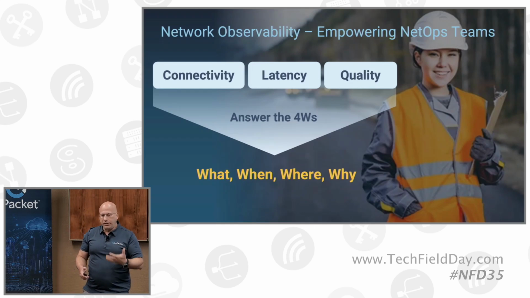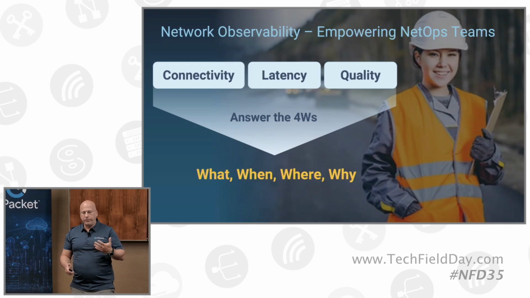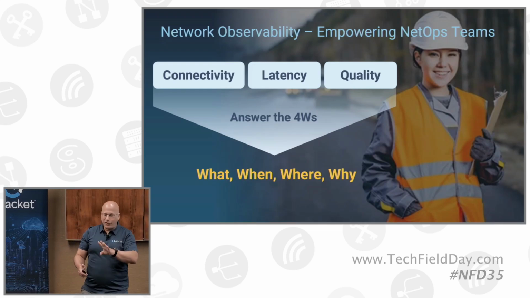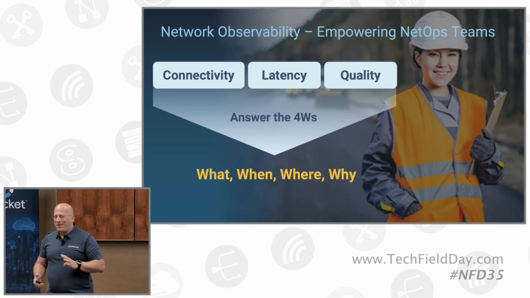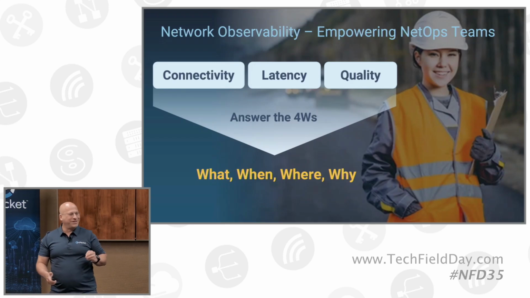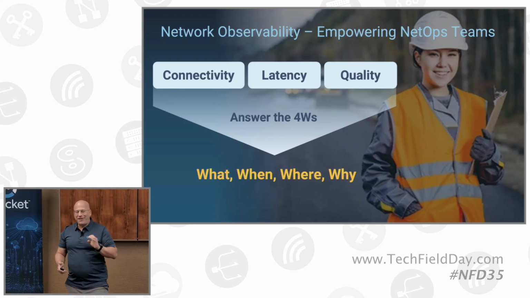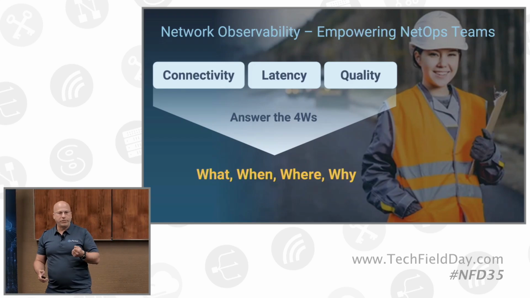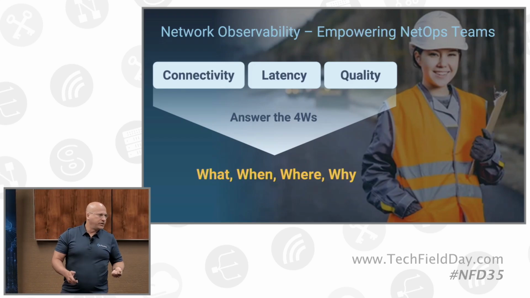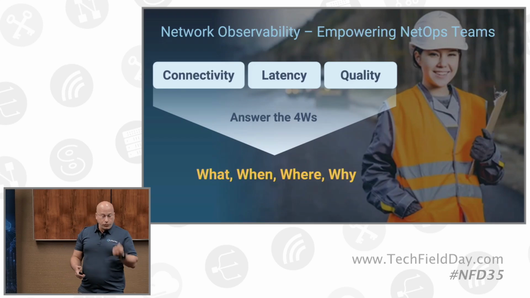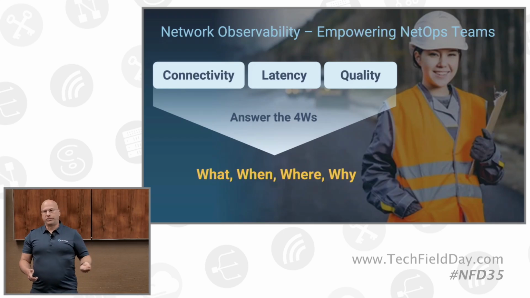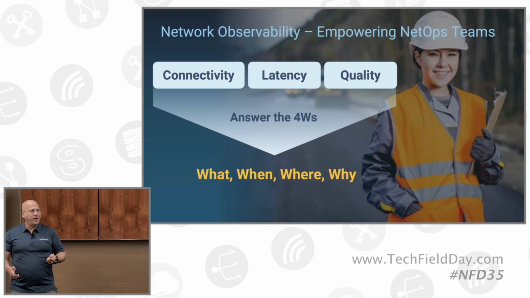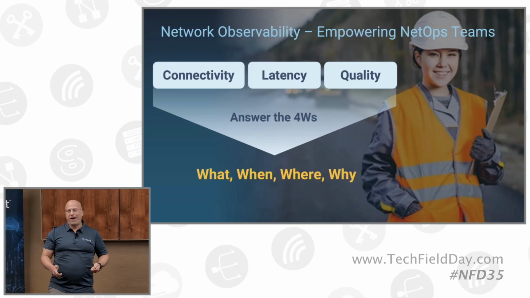When we think about network observability, I think I heard in another session here someone asking, what is network observability? So it's worth defining what we consider network observability. For me, network observability is really about empowering the network operations teams, giving them tools that they can use. As a developer, I have a debugger and a profiler.